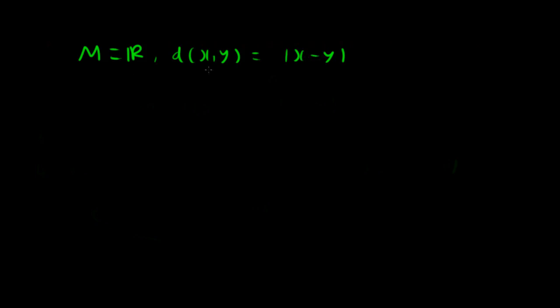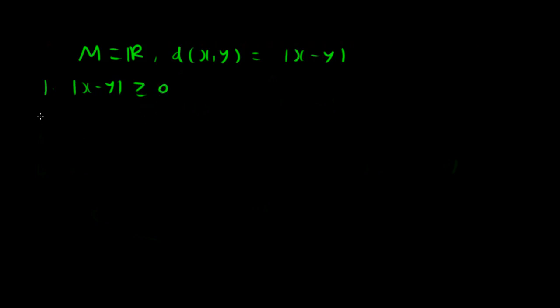Now it's fairly easy to check that these definitions here, this M and this d, satisfy the conditions that we just talked about in the previous section. So 1, what is 1? Well, 1 is the distance from x to y has to be non-negative, and certainly modulus x minus y is greater than or equal to 0.